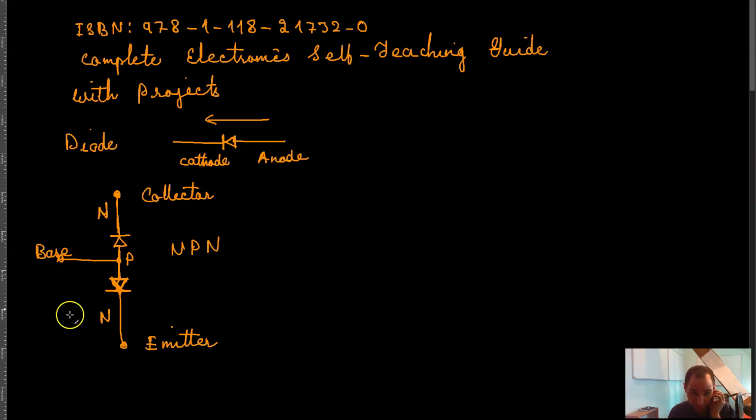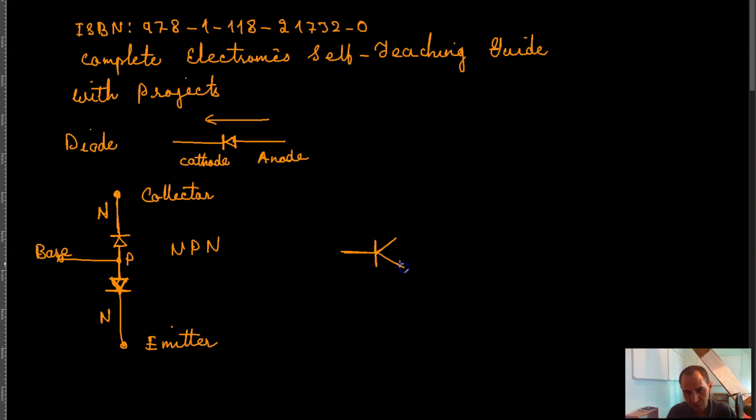So you need to learn how to draw this diagram without looking at anything, from your memory, because when you want to work with it, you have to remember the direction of these diodes. And then this transistor is depicted this way.